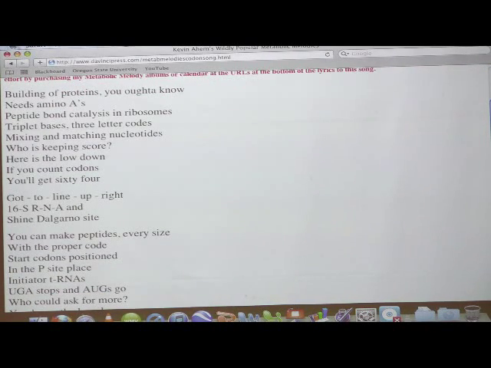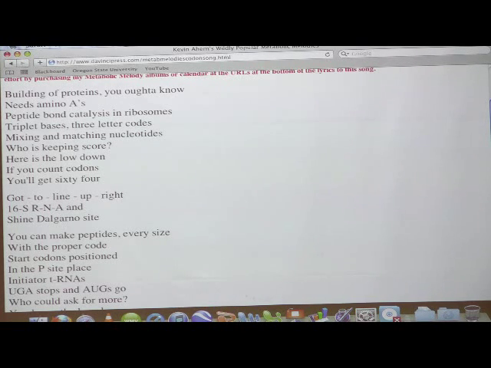Building of proteins, you ought to know, needs amino acids, peptide bond catalysis in ribosomes, triplet bases, 3-letter codes, mixing and matching nucleotides. Who is keeping score? Here is the lowdown. If you count codons, you'll get 64. Got to line up right.